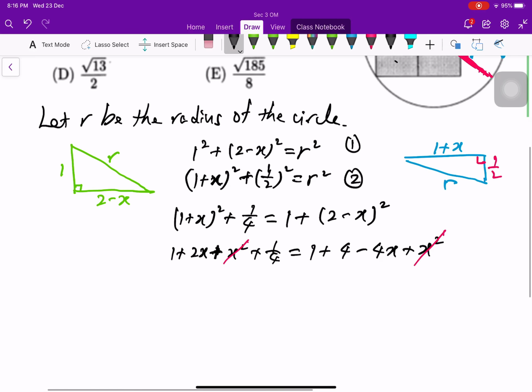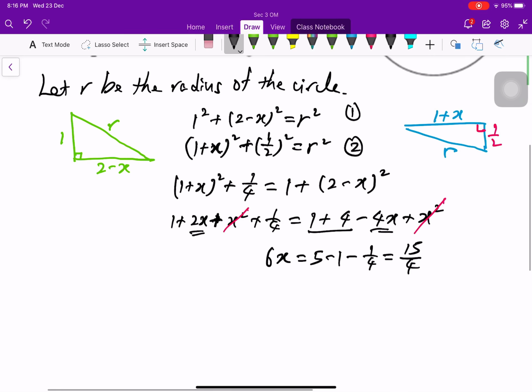This is 2x, this is 4x, so I bring over and it gives me 6x. And 1 plus 4 gives 5, so this will be 5 minus 1 minus 1 quarter, which gives 15 over 4. Therefore x is basically 15 over 24, which gives 5 over 8.